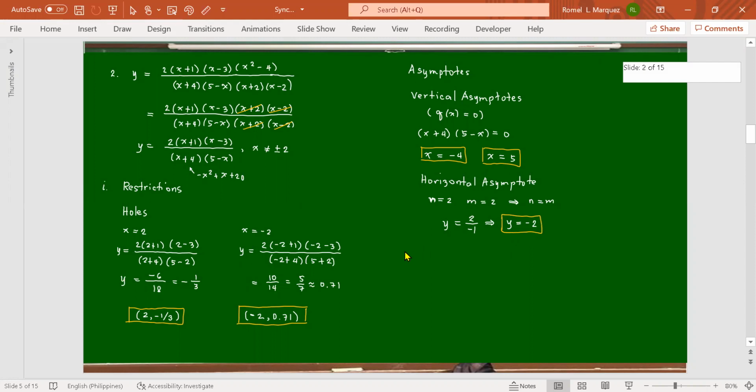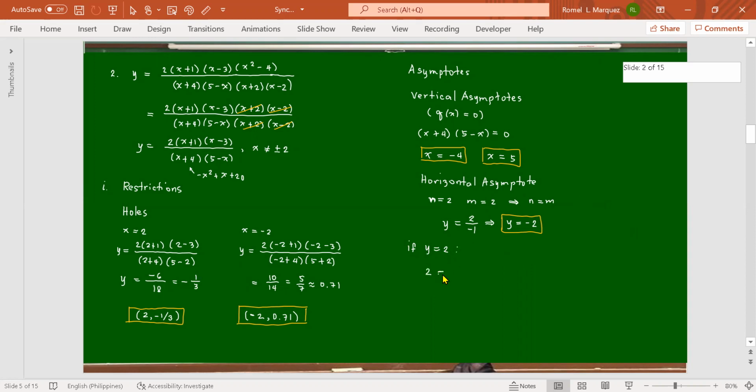So then we now have number 2. I mean, we need to get the intersection, no? Is there an intersection between the horizontal asymptote and the graph? By the way, no slant asymptote because n is not greater than m. So if y equals 2, solve for x.